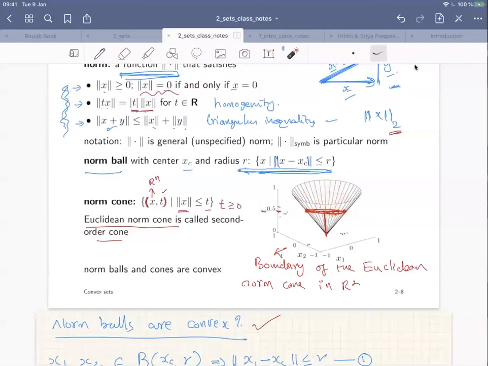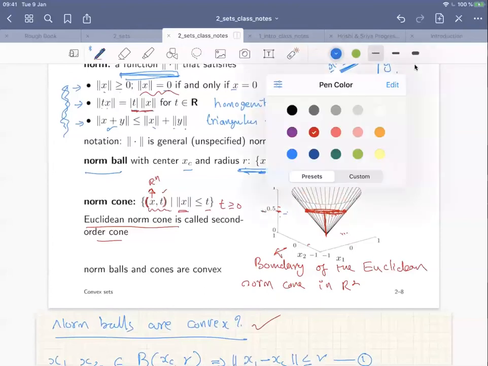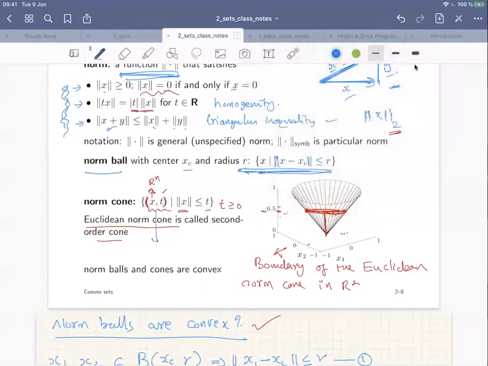Another interesting fact is that when you form a cone, you are increasing a dimension, right? x was in Rn, but this guy is now in Rn plus 1. Because for example, here x was having dimension 2. Now you increase the dimension by adding a third variable, right? So now this is in R3, right?